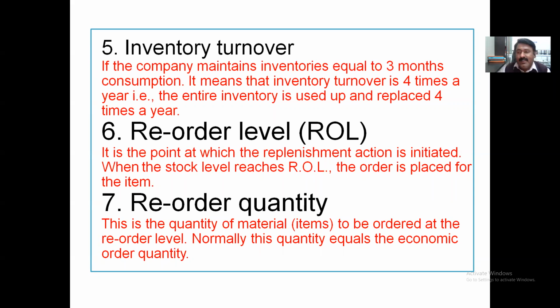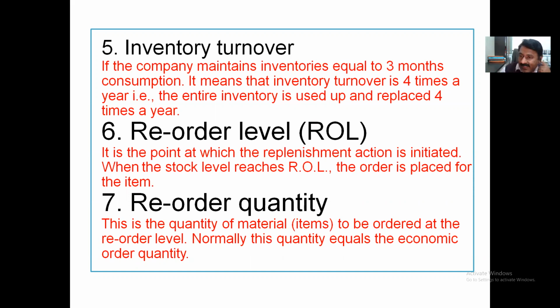Then reorder level, a very, very important concept, ROL. It is the point at which replenishment action is initiated. When the stock level reaches ROL, the order is placed for an item. So it is the level decided. If the stock goes down to that level, the next order process starts immediately, a purchase order is placed for the item, and we start producing or bringing the item.